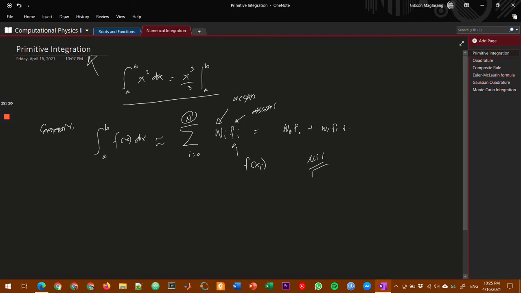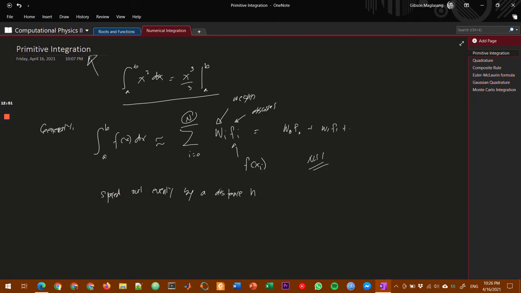So to keep things simple for now, we will assume that each evaluation point is spaced out evenly, by a distance h. So let's start deriving a closed formula, one that uses a function evaluation at the endpoints of the integration.